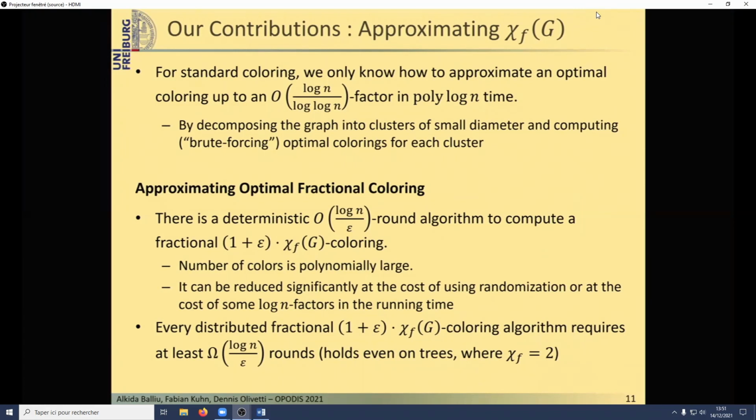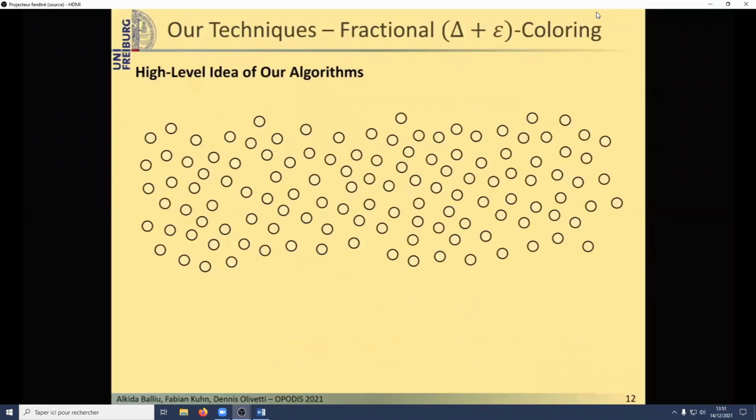Let me now use the remaining time to tell you a little bit about how we get these results. I'm starting with the delta plus epsilon coloring algorithm. Here's the high-level idea of all our algorithms.